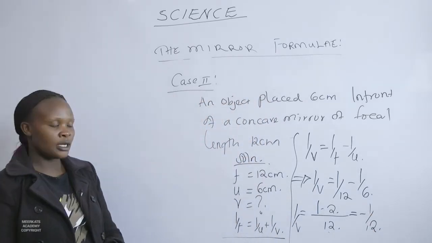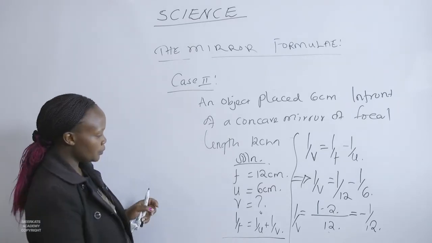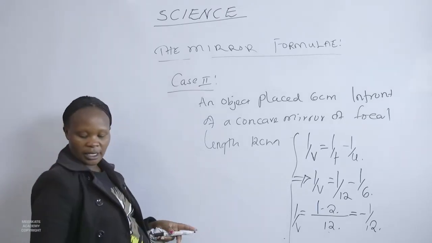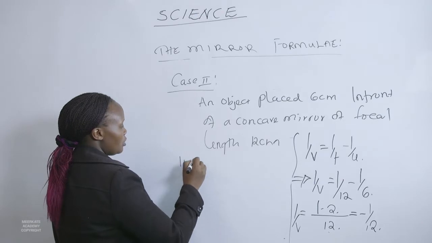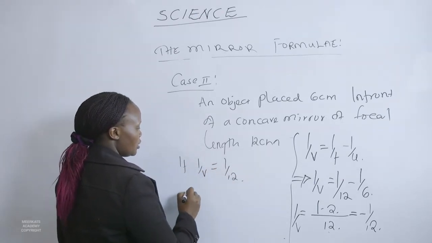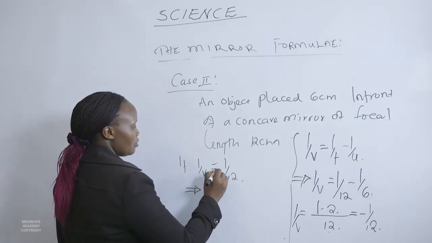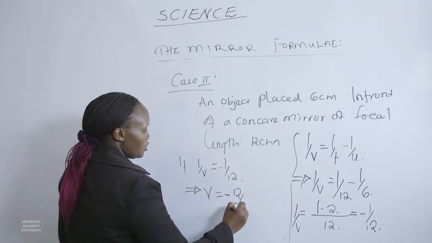Therefore, try and get V. If 1 over V is negative 1 over 12, it implies that V is now equal to negative 12 over 1.